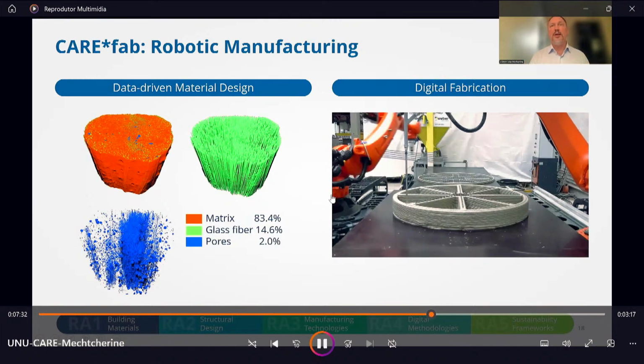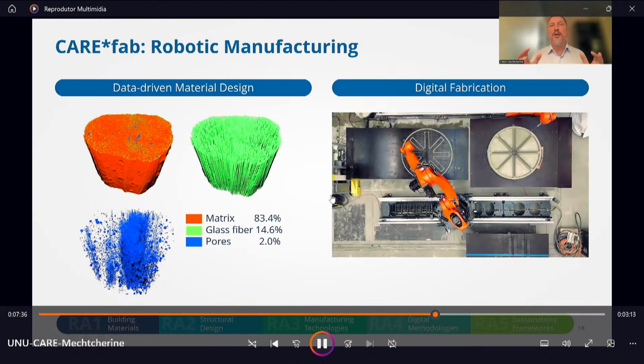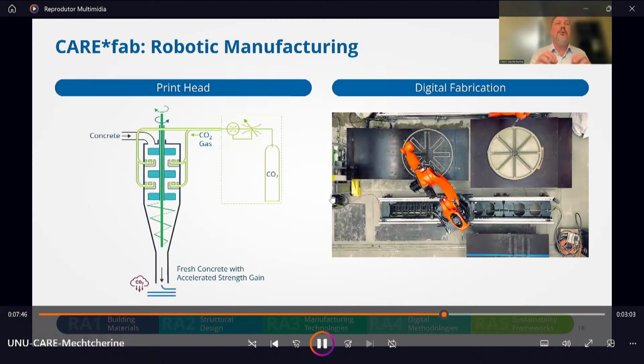For instance, the automated production of rib slabs reinforced with carbon textile uses only half the concrete of traditional ceilings while maintaining structural strength. Furthermore, CARE will inject CO2 directly via the printhead. The combination will change the chemistry and rheological behavior of the fresh mixture and lead to accelerated strengthening of deposited material.